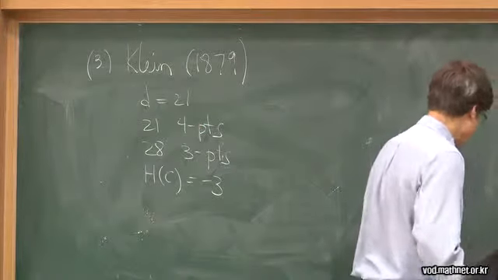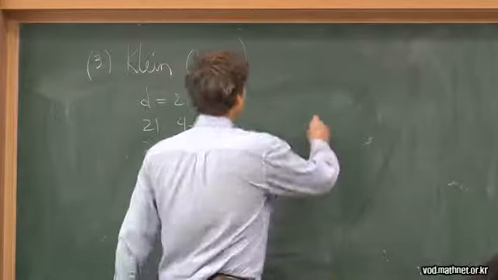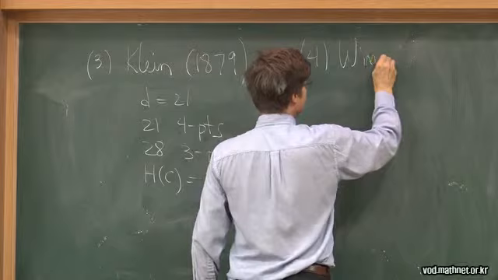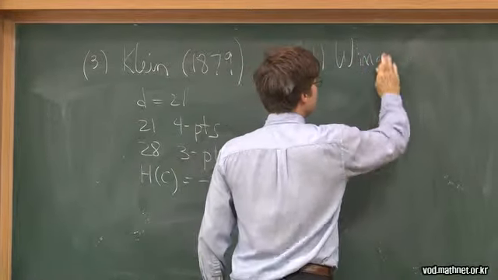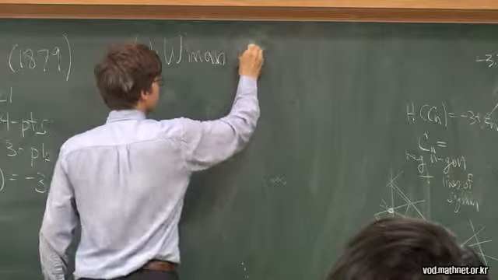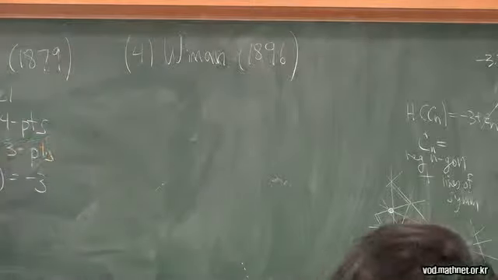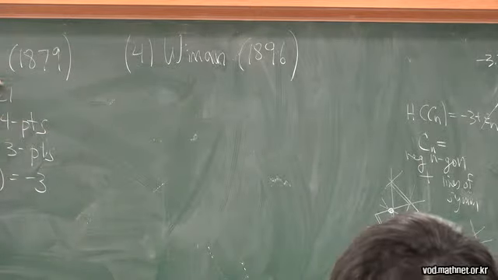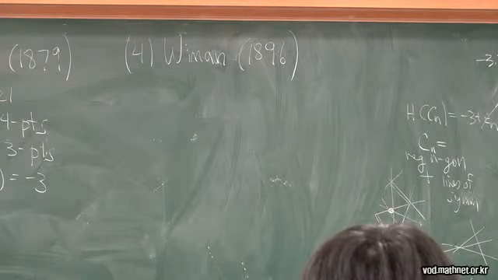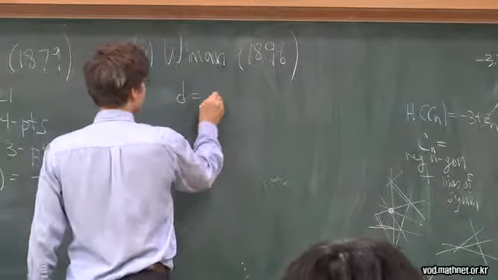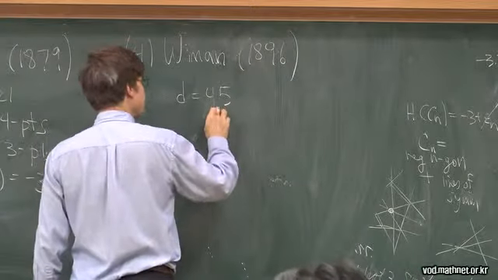There's one more example that's known. This is due to Anders Wiman from 1896. Wiman was a Swedish mathematician. He imitated what Klein did. And so in this case, he came up with an example with 45 lines.